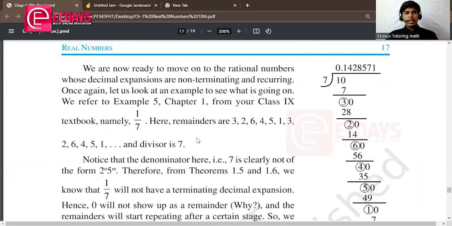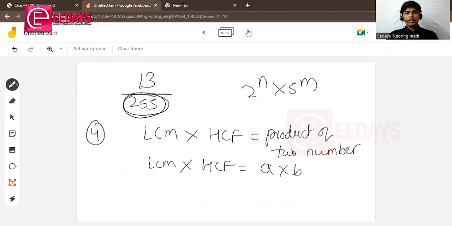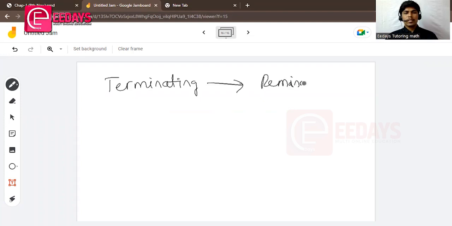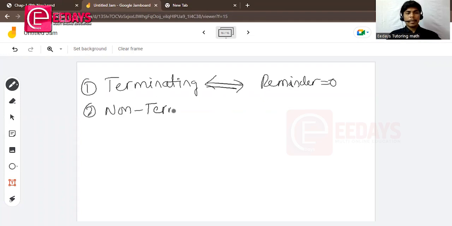Yes, you can do the terminating and non-terminating concept. Terminating is nothing but if you get the remainder as zero, it is terminating. And the second concept, non-terminating: the remainder is not equal to zero.